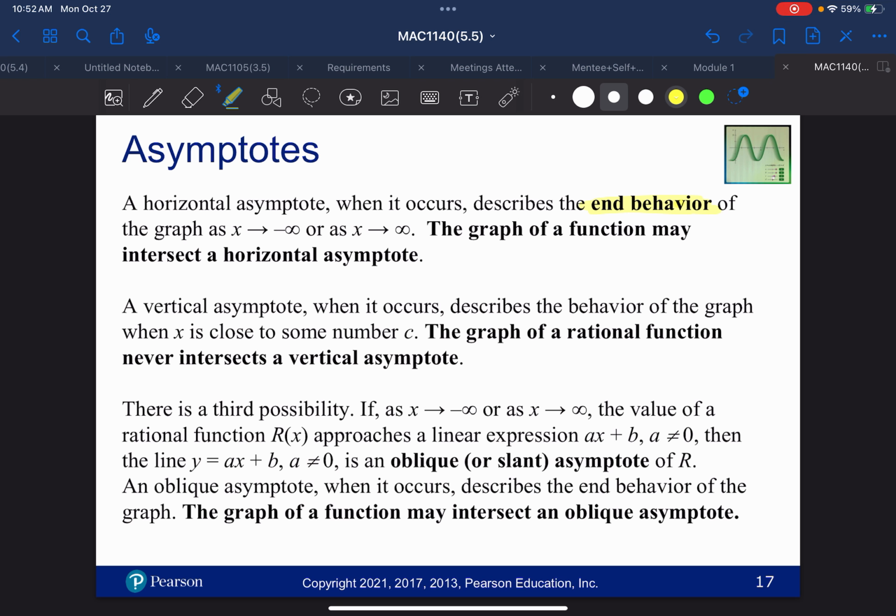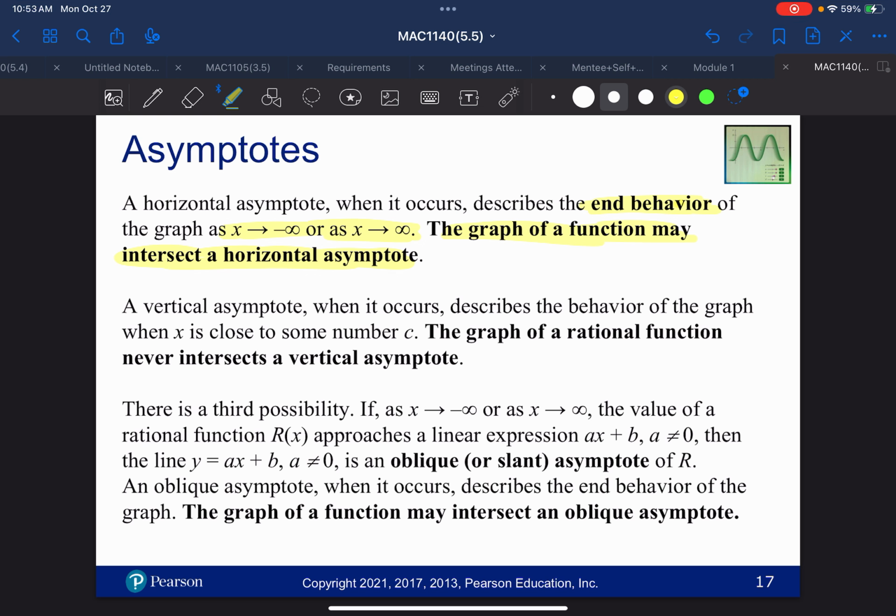So it describes the end behavior as x goes to negative infinity and positive infinity. And like I said, the graph of a function may intersect a horizontal asymptote. So it won't always just never touch it. It could cross over a horizontal asymptote.